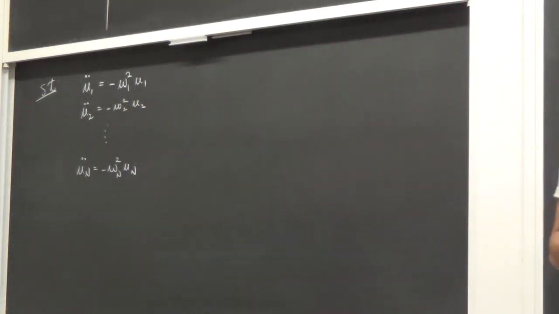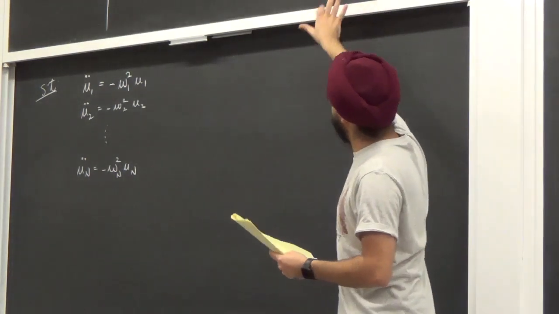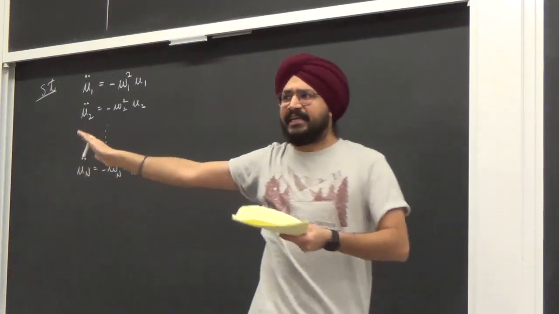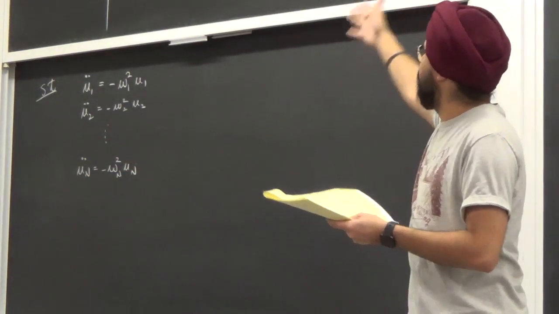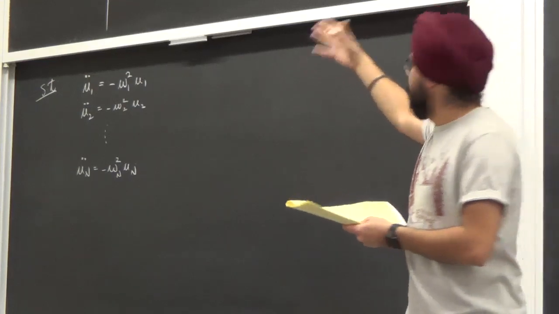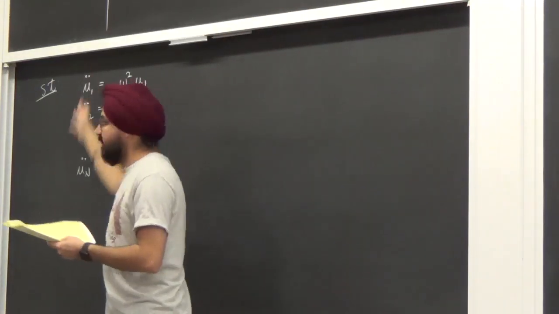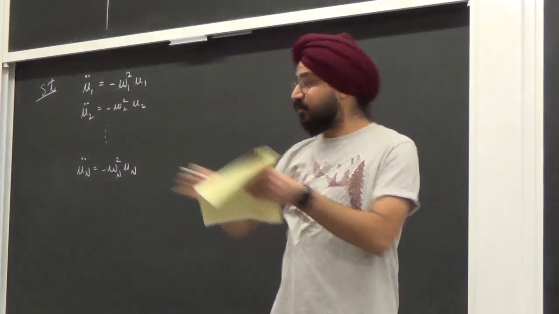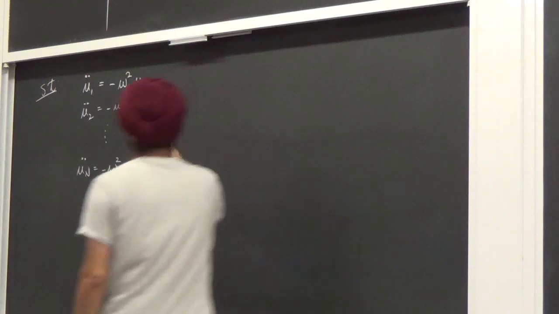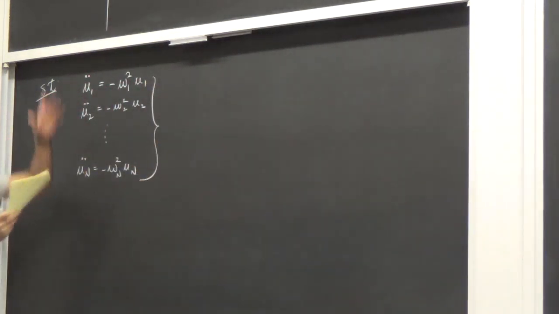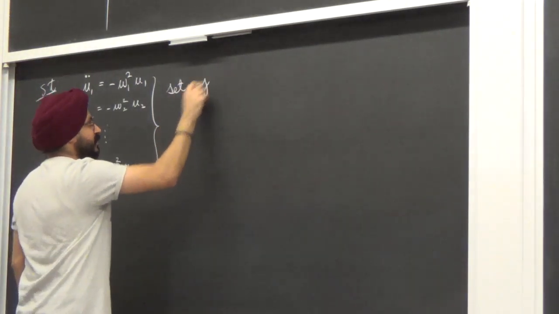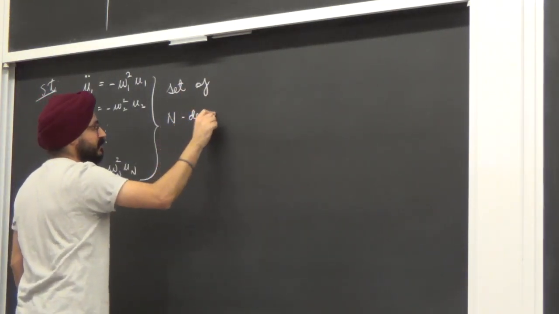If I can find such variables, play around, plug the variables back in, and work out the double dots for the u's, which should be clear in the sense that if x depends on time, so do the u's. Okay? And if the u's depend on time, I can have double derivatives and their equations of motion. And if this is true for these kinds of equations, then you've decoupled your initial set of n particles into a set of n decoupled oscillators.